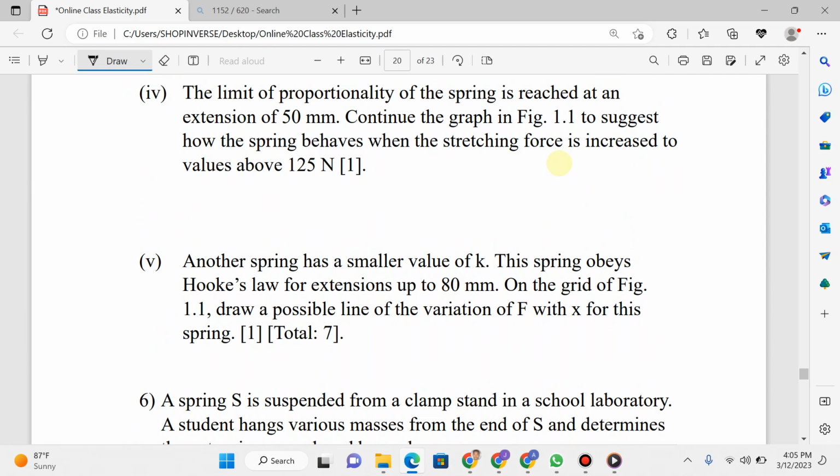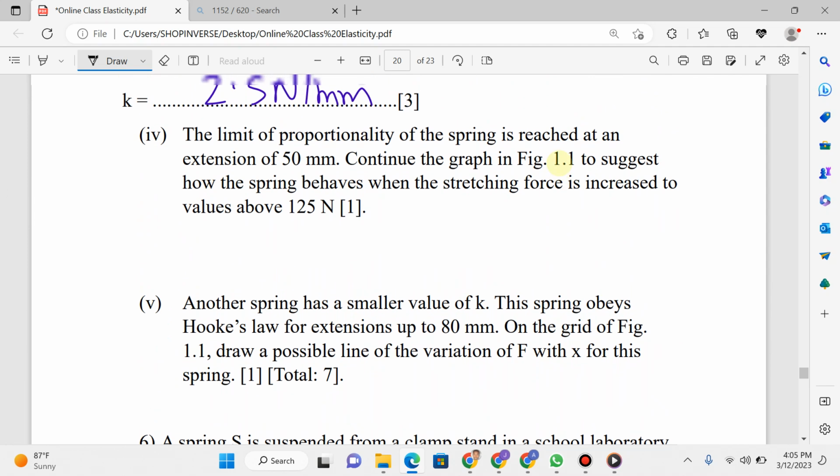Another spring has a smaller value of K. This spring obeys Hooke's law for extension up to 80 millimeter. On the grid of figure 1.1, draw a possible line of the variation of F with x.